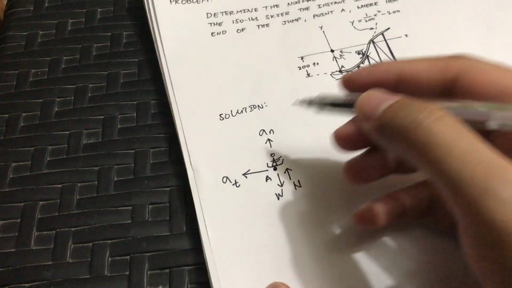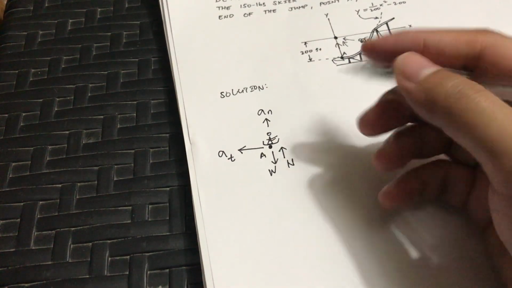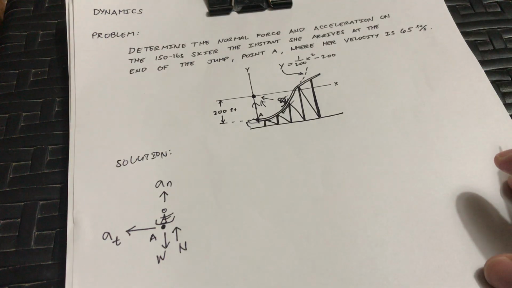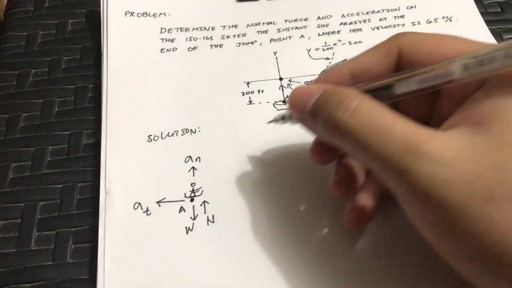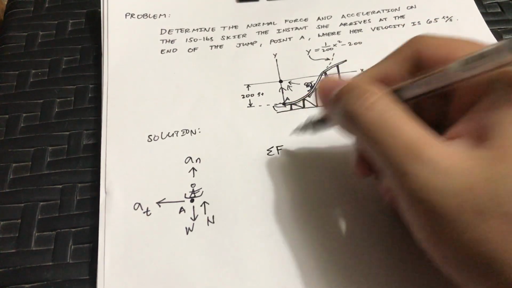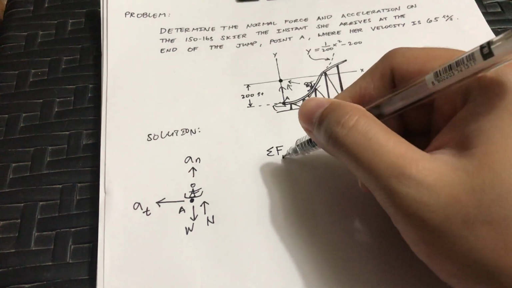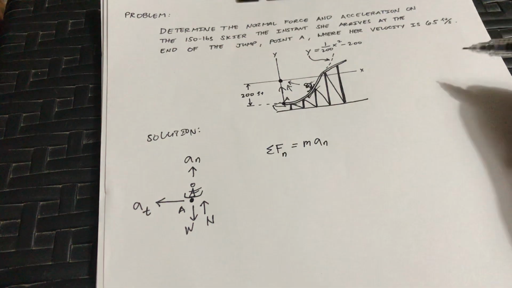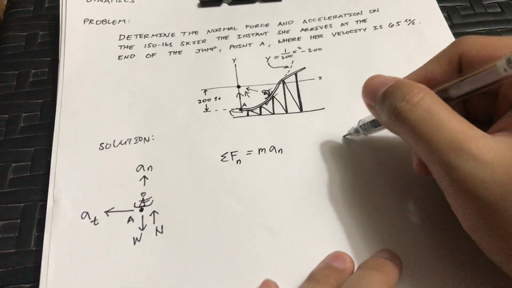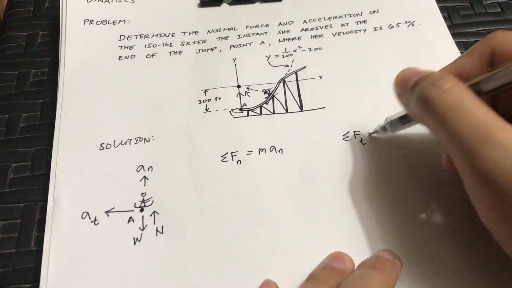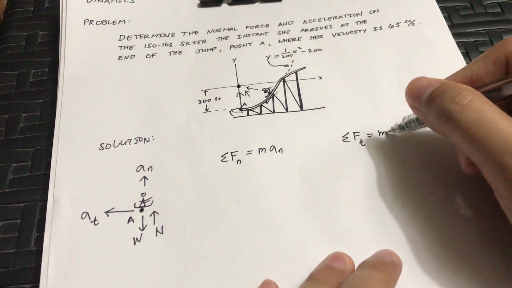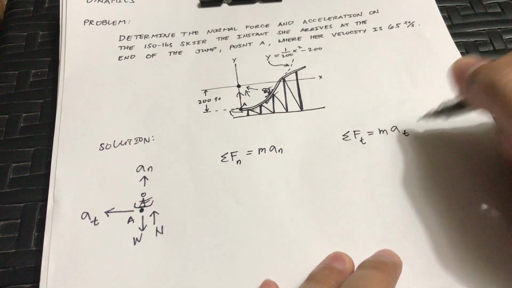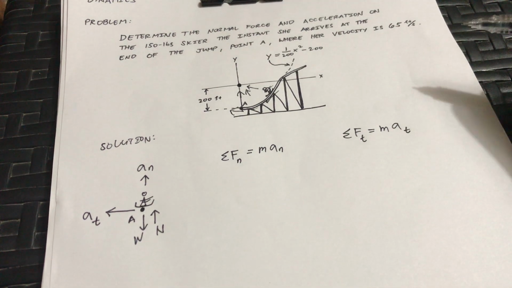Using Newton's second law in the equations of motion, we have summation of forces along the normal axis equals the mass times the acceleration in the normal axis, and summation of forces along the tangential axis equals the mass times the acceleration in the tangential axis.